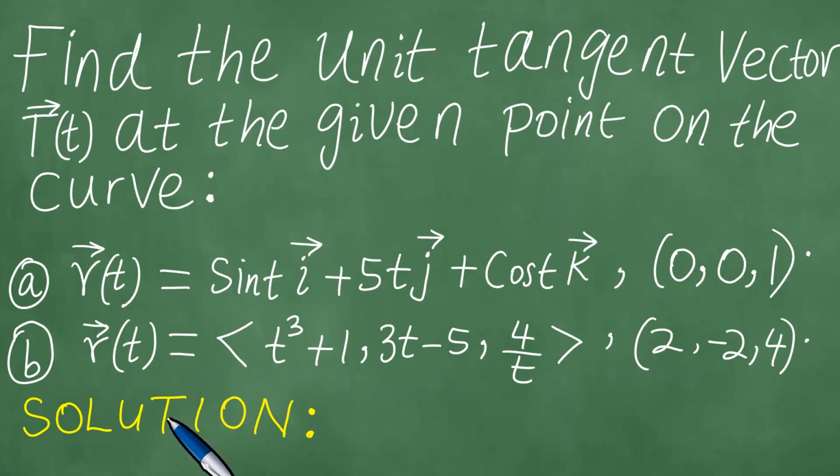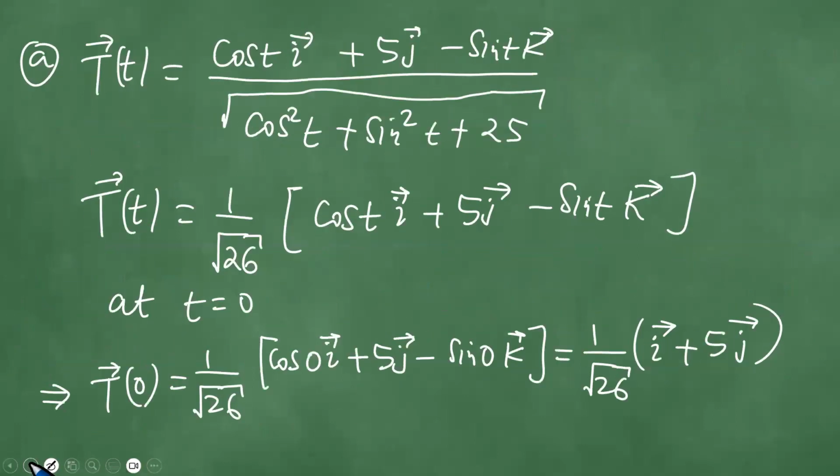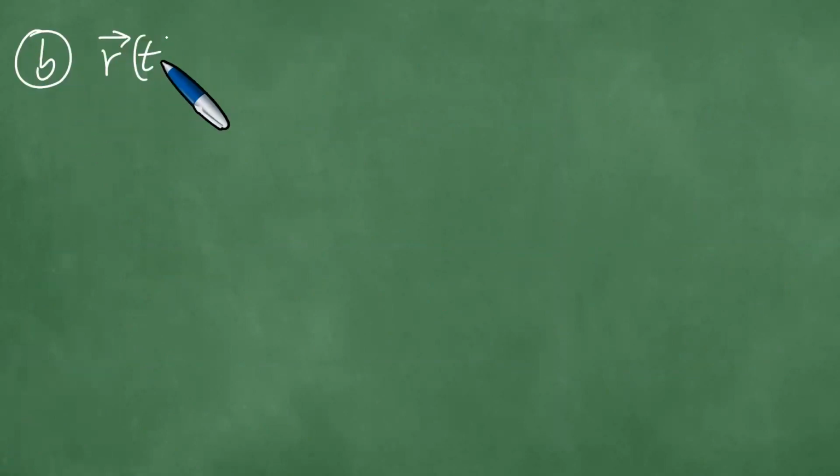Right, what is the part B? And now we need to do the part B of our set of problems. So that one is the vector R equals R of t equals t cubed plus 1, 3t minus 5, and then 4 over t. So if you look at it, we'll deal with B now.